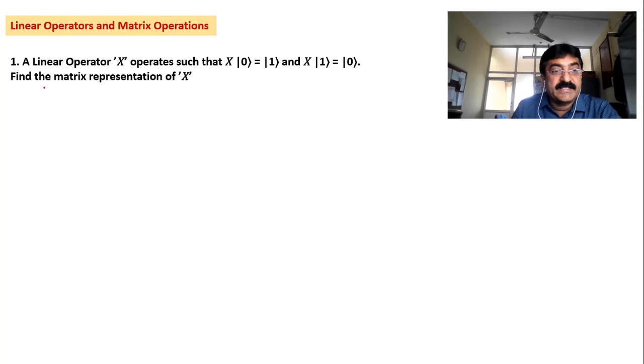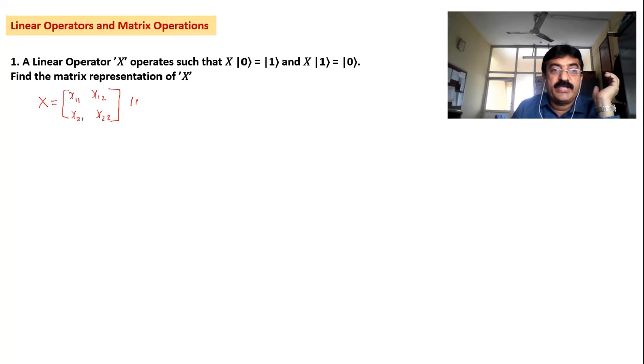See, here is X. X is a 2 by 2 matrix. I construct one 2 by 2 matrix, x11, x12, x21, x22. These are the elements. So we have to find out x11, x12, x21, x22.